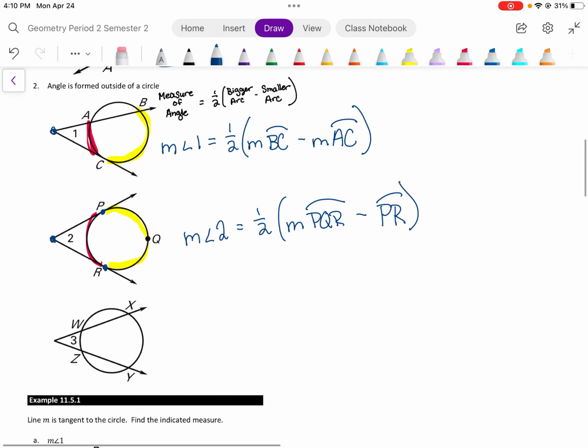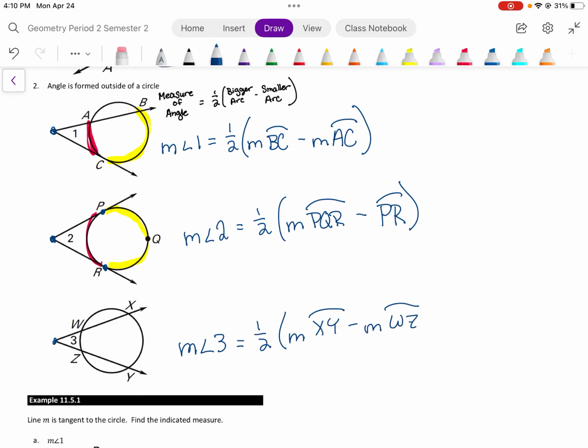Okay, and same thing, if we have two secants, that measure of that angle is going to be equal to 1/2 the bigger arc, so this one would be arc XY, minus the smaller arc WZ.